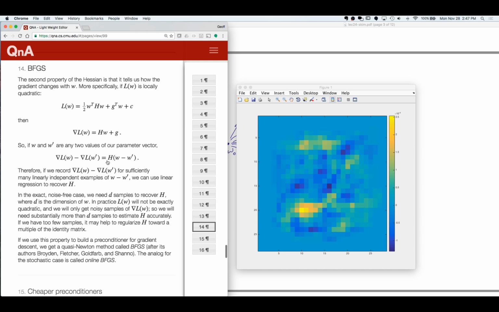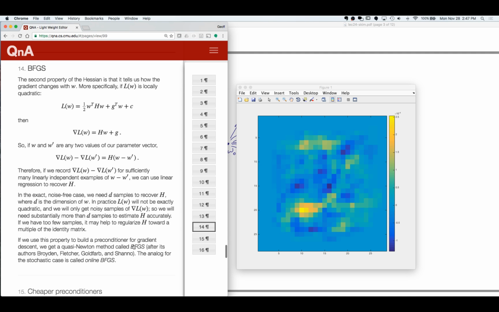If we do that for gradient descent, we get a method called BFGS, after the authors Broyden, Fletcher, Goldfarb, and Shanno. And if we do it for stochastic gradient, it turns out there's a way to update the estimate of the Hessian online with stochastic samples of the gradient, and that's called online BFGS.